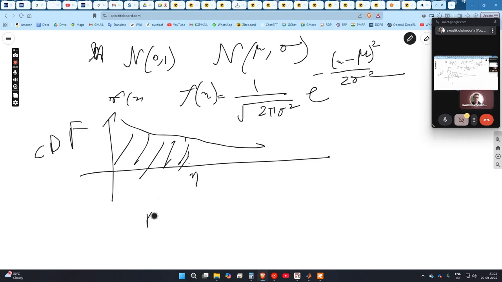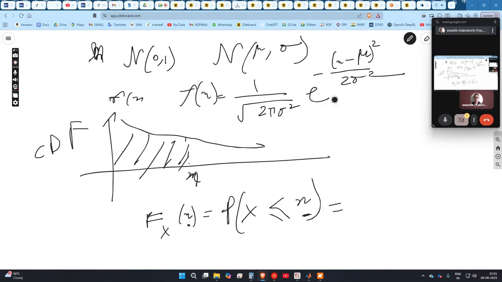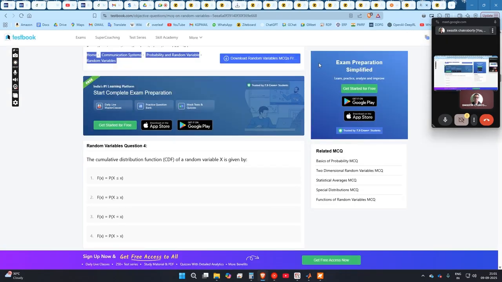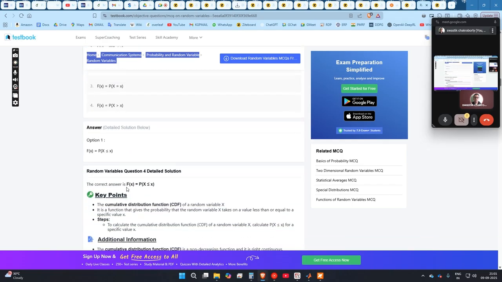In another way, we can say that CDF F(x) is the probability that the random variable is less than this particular value small x. So F(x) is equal to P(X less than or equal to x). Option 1.